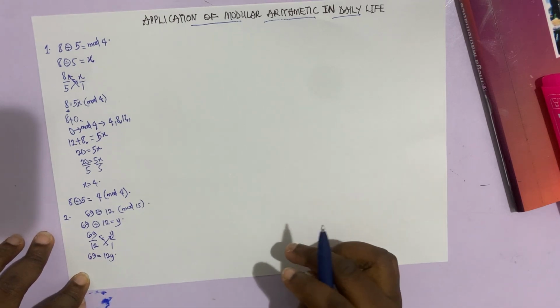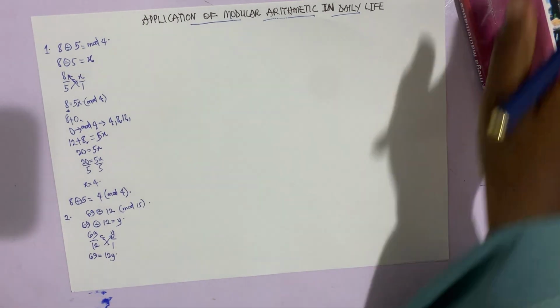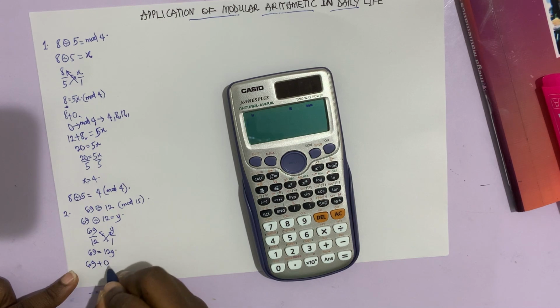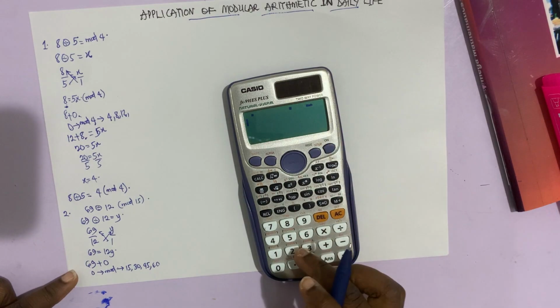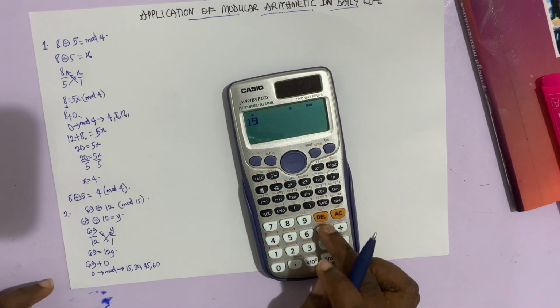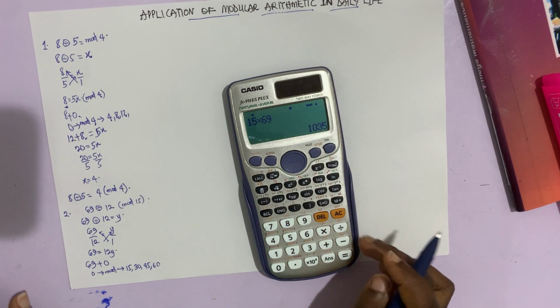So we need to make 69 a multiple of 12. 69 plus 0, but 0 in modulus 15 could be 15, could be 30, could be 45, could be 60, and on like that.